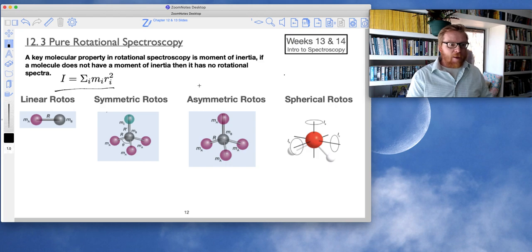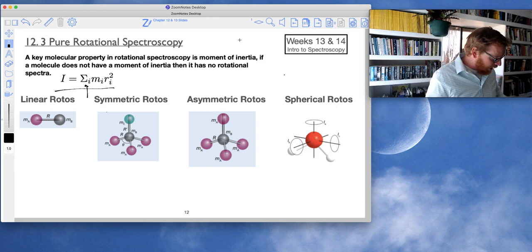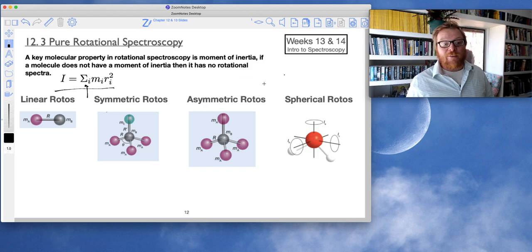Okay? And so you also notice here that I've given this as a sum, and that's because for a very, very simple object, such as two masses on a spring, there will only be one moment of inertia. However, for more complicated looking molecules, there will be multiple moments of inertia. So we'll have a sum there.